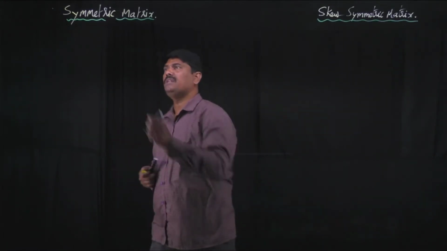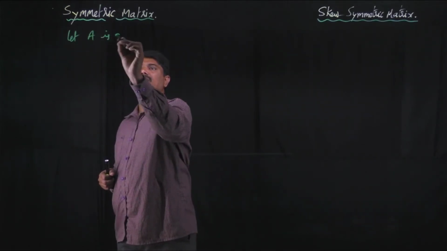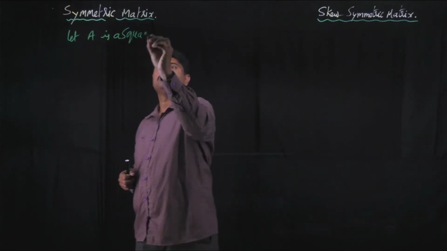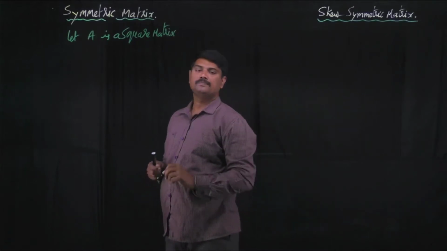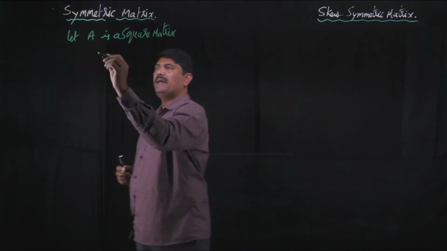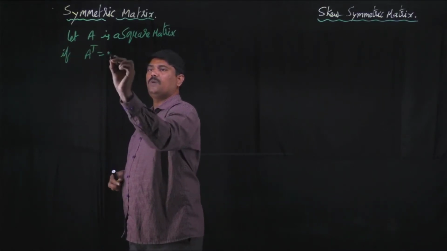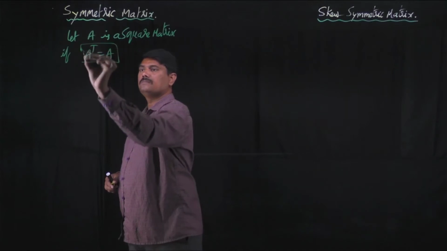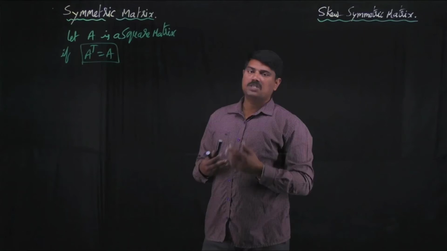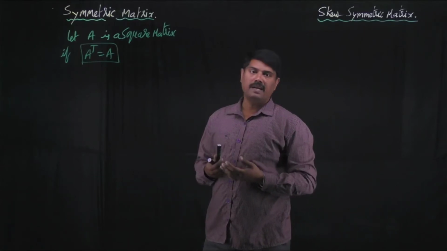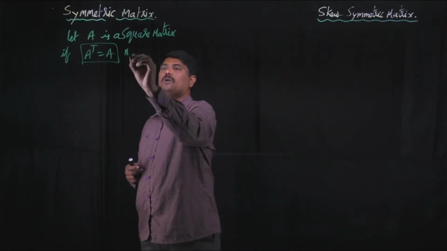Now the first definition, of the symmetric matrix. Let us consider A is a square matrix. For this square matrix A, if A transpose is equal to A, that is, even after transposing the given matrix you obtain the same matrix, such a matrix is called a symmetric matrix.